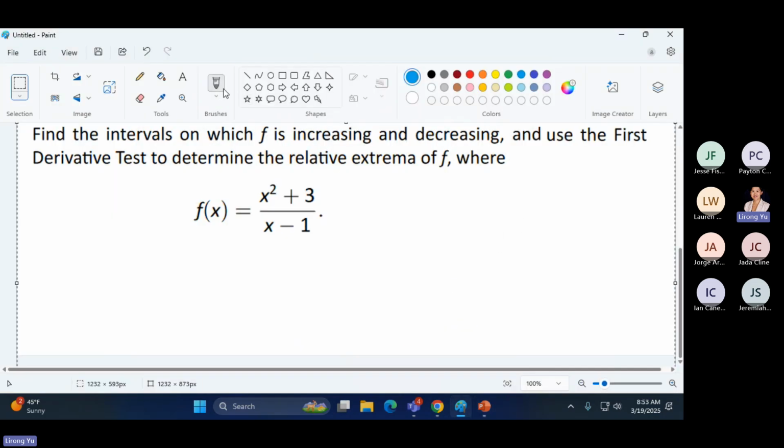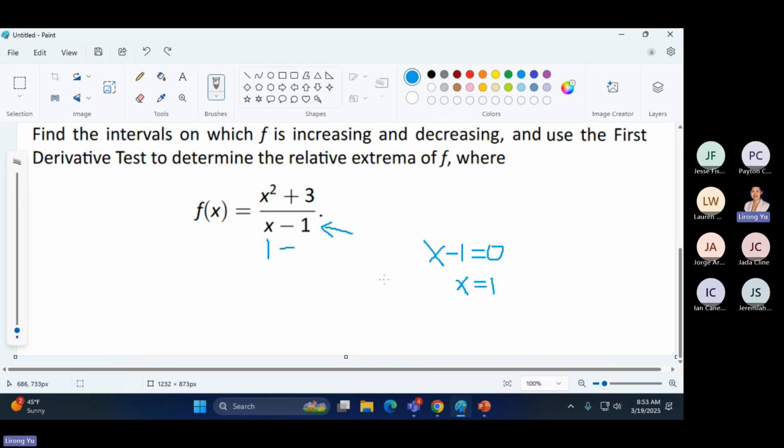Okay, so because we got this denominator, if x minus 1 equals 0, then add 1 to both sides of the equation, then x equals 1. If x equals 1, then 1 minus 1 equals 0, which will cause the whole function to be undefined.